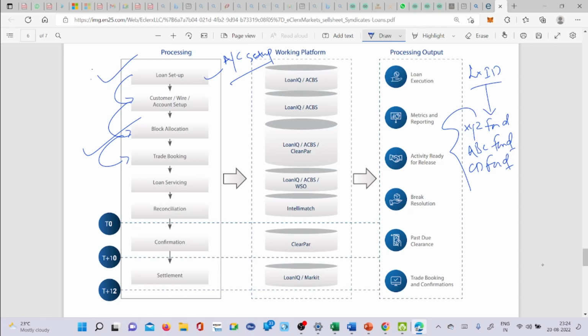the trade booking team can book the trades into the fund accounting system. So when can you book the trades into the fund accounting system? You might have a question: when can I book the trades into the system and how can I book it? The trade booking team refers to the date as trade date plus one.